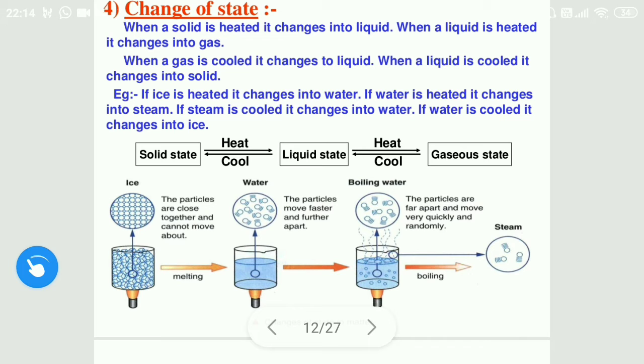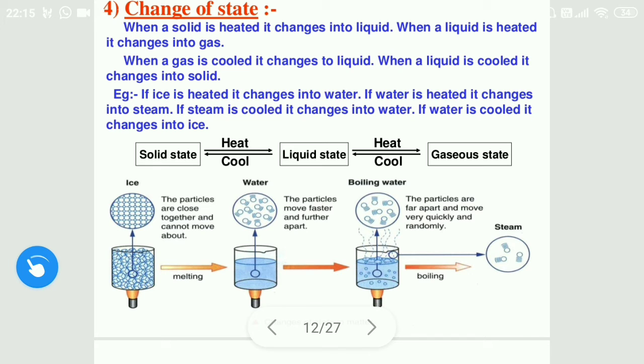If we heat solid, it will be converted to liquid. When liquid is heated, it converts to gas. On the same note, gas converts to liquid on cooling. Similarly, liquids convert to solids by cooling.